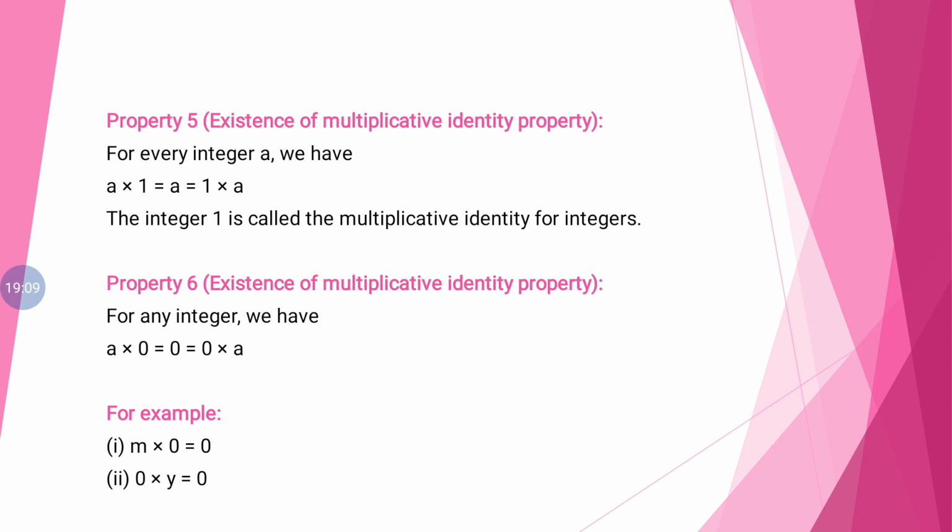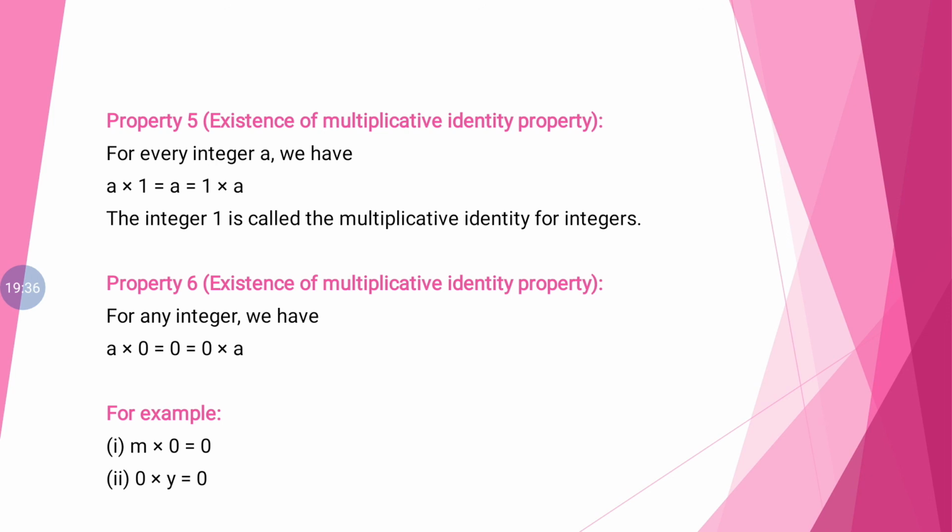Property 5, existence of the multiplicative identity property. For every integer A, A cross 1 equals A, and 1 cross A equals A. The identity element for multiplication of integers is 1. Any integer multiplied by 1 gives the same integer.